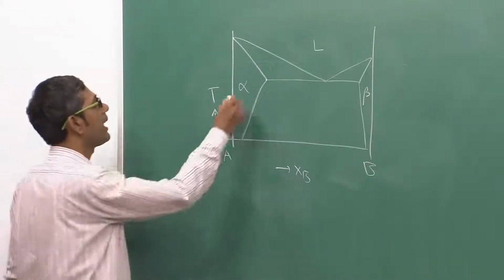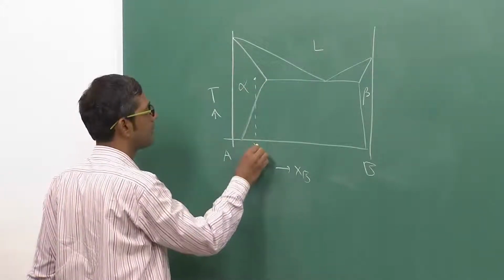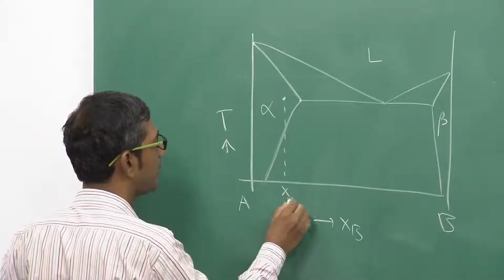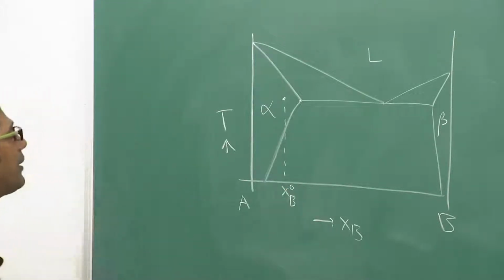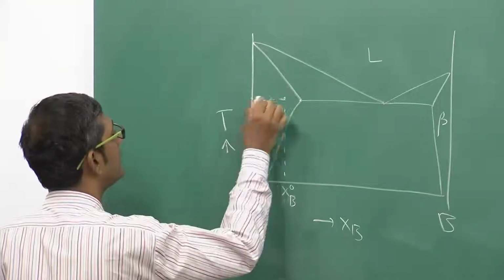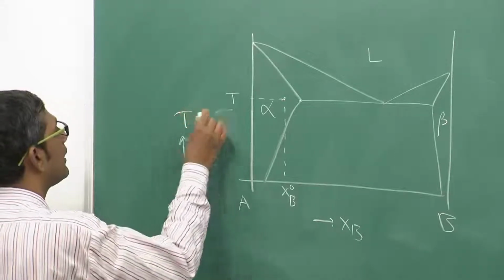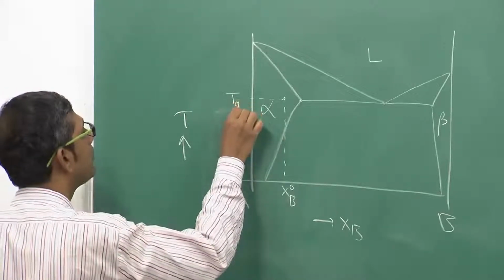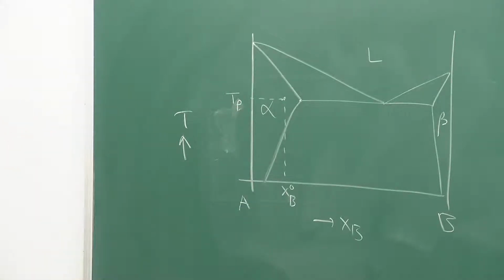Now if I have an alloy composition like this, suppose this is the composition of the alloy, XB0. Now if I take this alloy and heat it up to a temperature, let us suppose TP, at this temperature it is a single solid solution alpha phase.